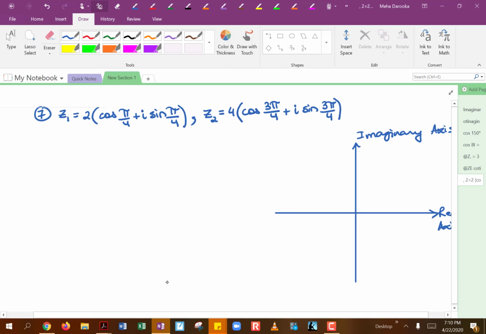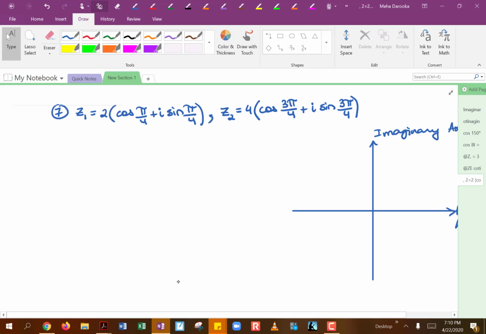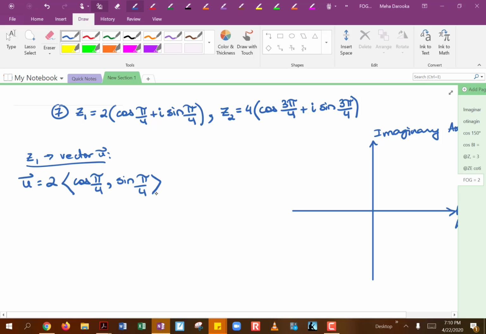Okay. So let's start with rewriting z1 as vector u. So that will end up giving us u as, again, that 2 on the outside, and this will be cosine of pi over 4, and this will be sine of pi over 4.